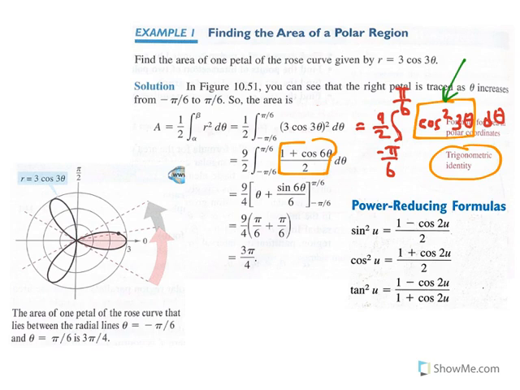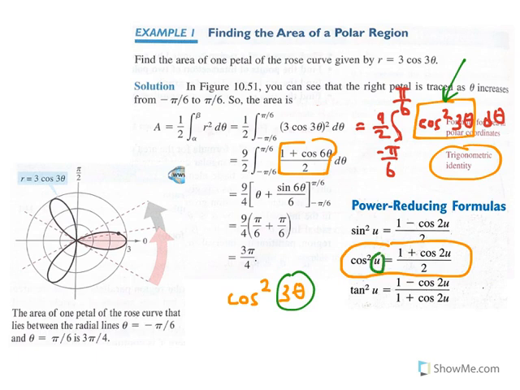So the power reducing formula will allow us to make a substitution for cosine squared 3 theta, which is in our integrand, which we don't know how to integrate. But when we rewrite it by using the power reducing formula for cosine squared u, we will get what? Remember, whatever this angle is, that is u.